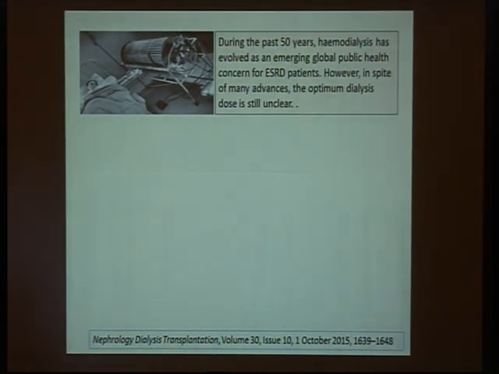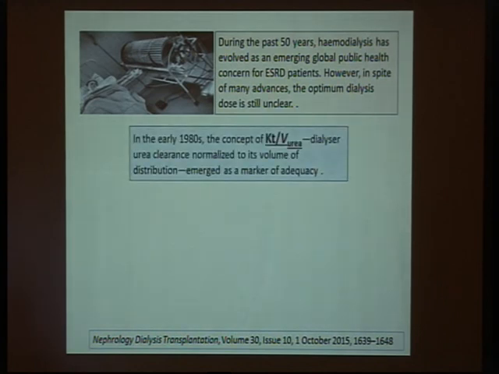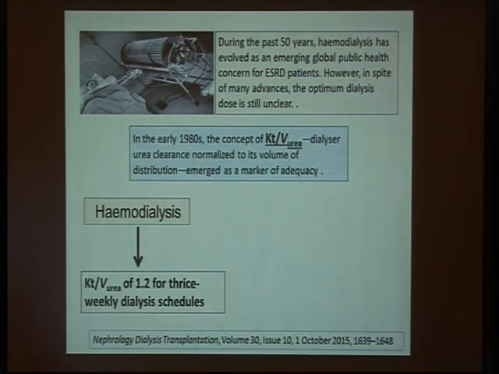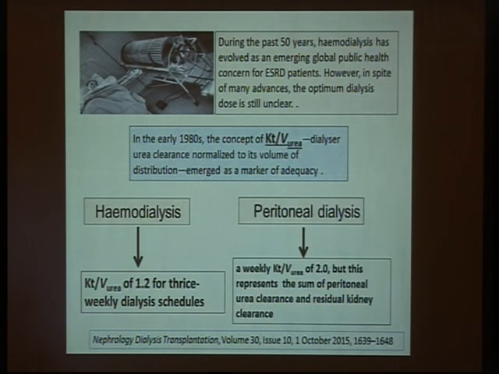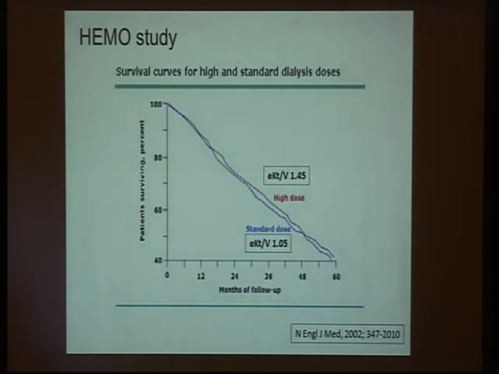Despite the several advancements in hemodialysis through the past 50 years, the optimum dialysis dose is still unclear. In the early 1980s, the concept of Kt/V urea emerged as a marker of adequacy. This equates to 1.2 for hemodialysis and 1.7 for peritoneal dialysis.